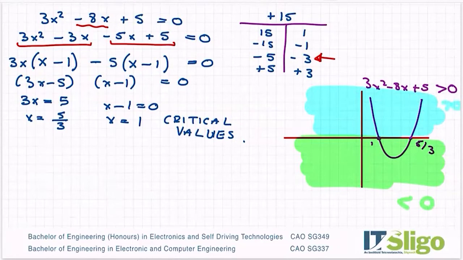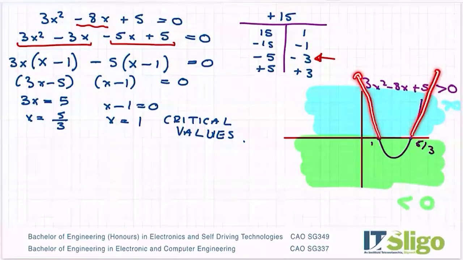Okay, so my question to you then is, where is the graph greater than 0? Is it between 1 and 5/3? Or is it outside of 1 and outside of 5/3? And it's actually outside of them. Okay, between 1 and 5/3, the graph goes below 0.